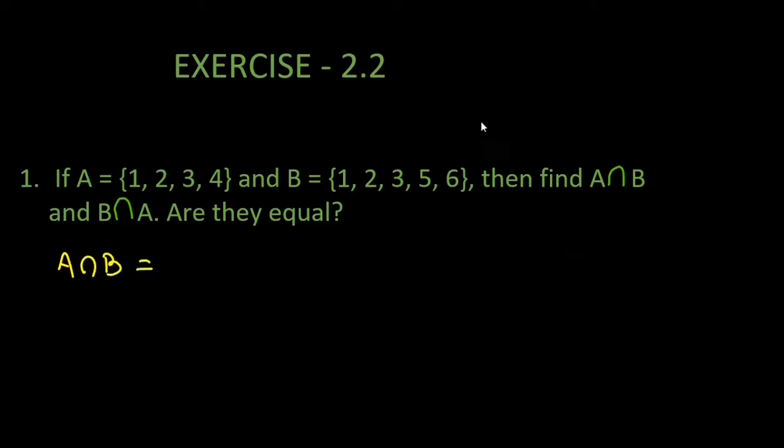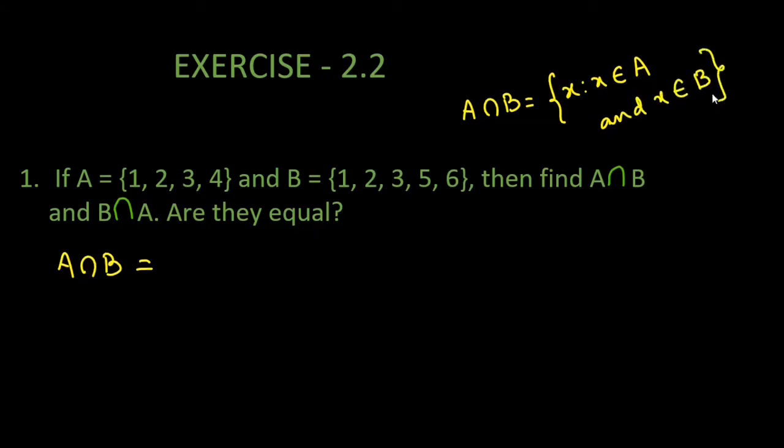So let us find A intersection B. We know A intersection B is the set of all x such that x belongs to A and x belongs to B. The common elements are available in A intersection B. So let us take the common elements.